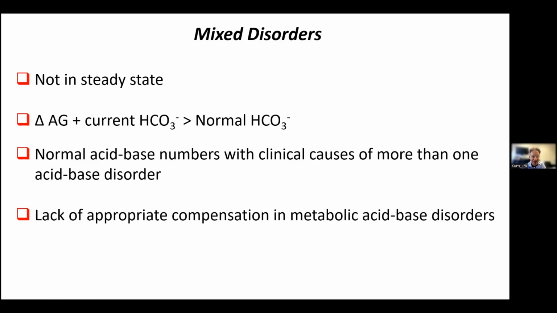It's due to how well the kidney can excrete them. If the kidney can't excrete them, then it's only due to the input. But if the kidney can excrete them, that's going to lower your anion gap, even though your input is the same as another person. You have someone with end-stage renal disease with ketoacidosis who's putting in X amount of ketone bodies. The anion gap's going to go up more than someone with normal renal function because the ketones are going to be excreted in the one with normal renal function to some extent.